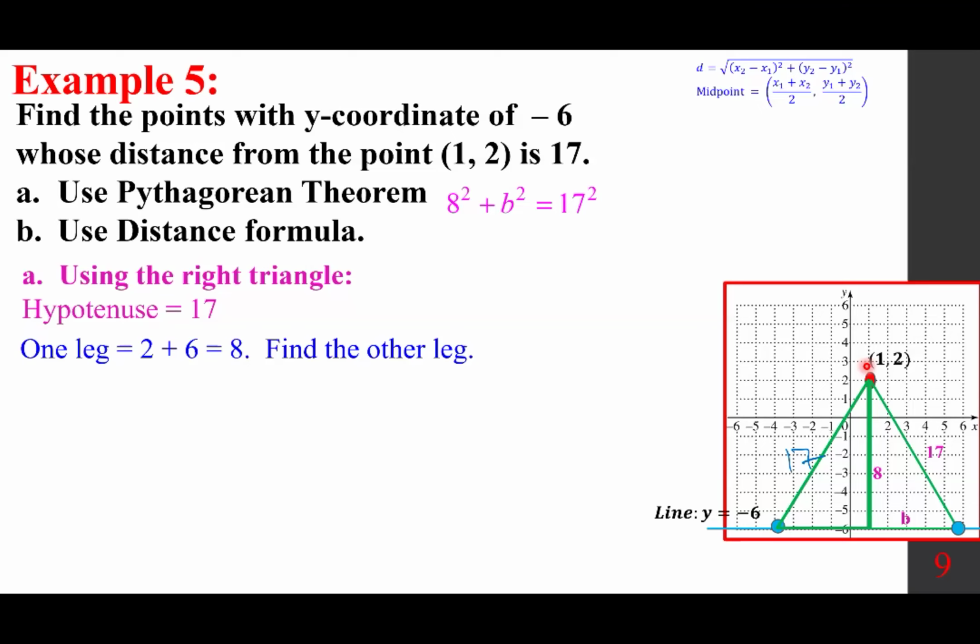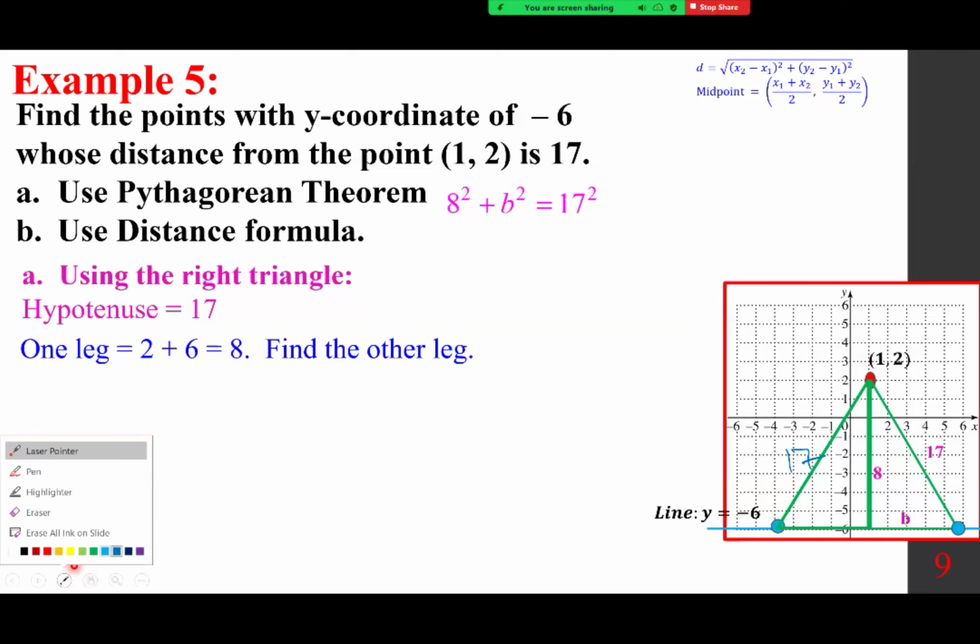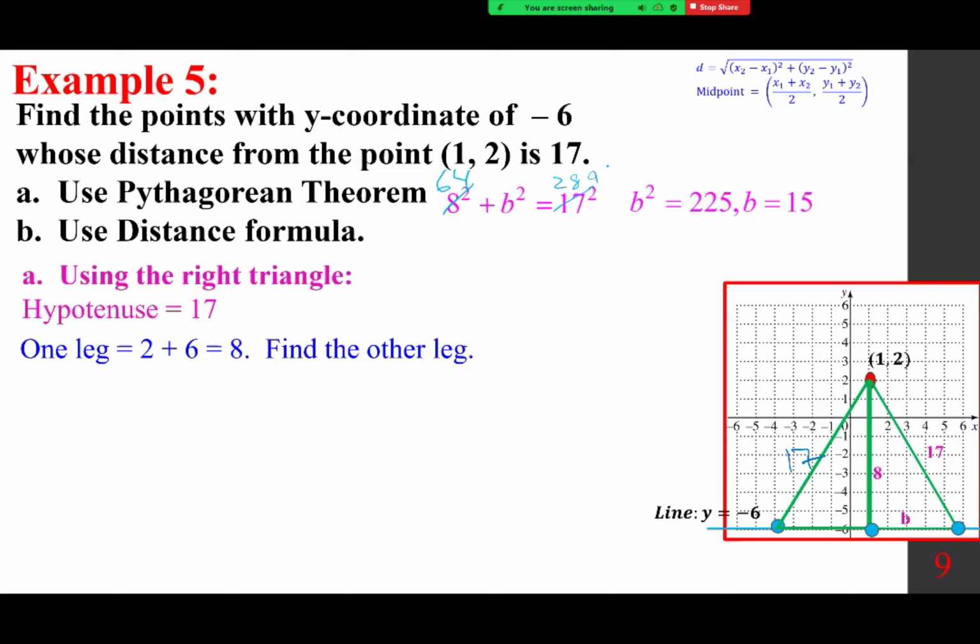So you do the math. This is 64. This is 289. Subtract, you get 225, and the square root of that, b becomes 15.